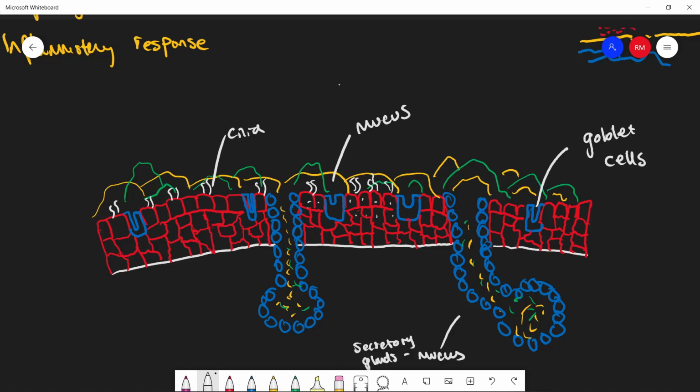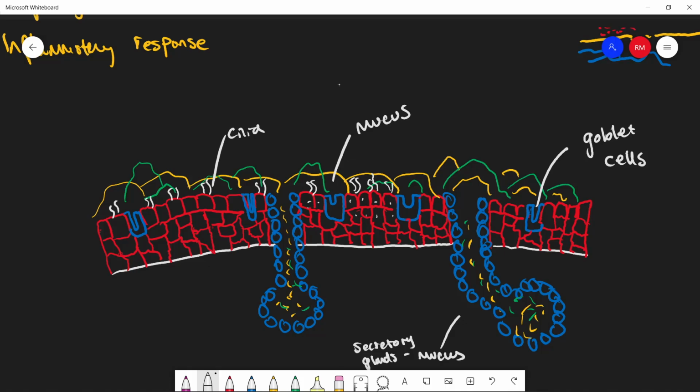So you might remember this from maybe topic 3 about the lungs. But what really happens, say for example this is a scenario in the trachea, maybe. Some particles are trapped in the mucus, and then the cilia are used to waft the mucus to the back of the throat to be swallowed.